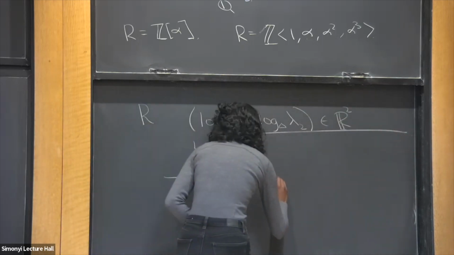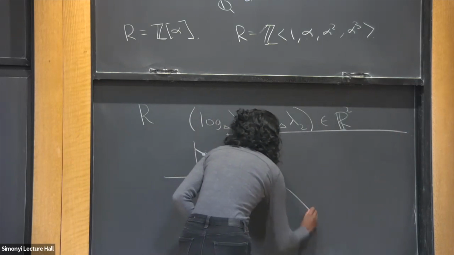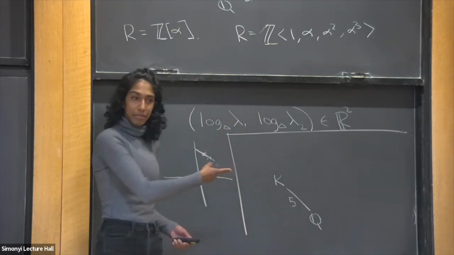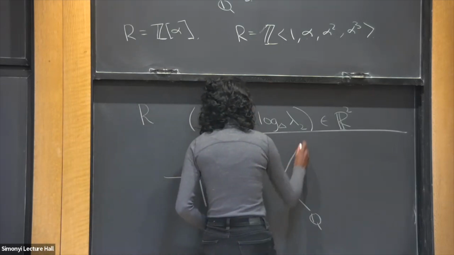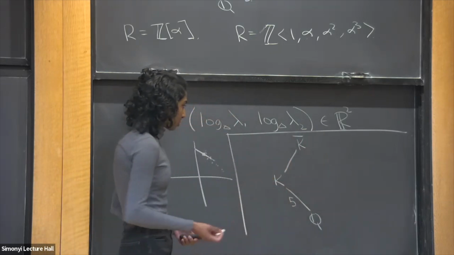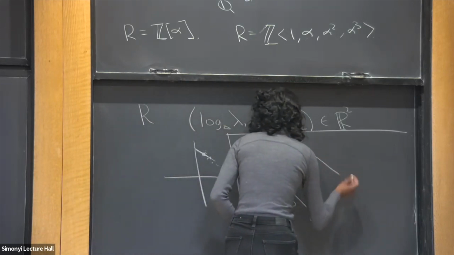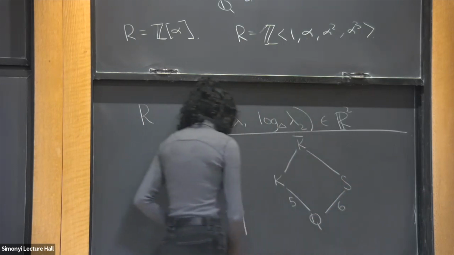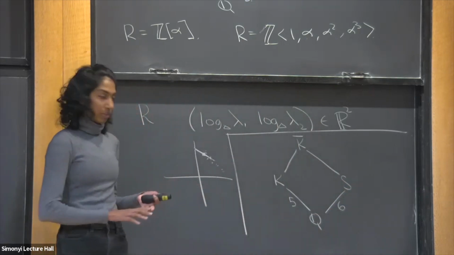If you take a field K, a quintic extension of Q, and suppose it has Galois group S5, then again you take the closure and you get some extension. Inside this extension sits a degree 6 field that's classically called the sextic resolvent field of K.